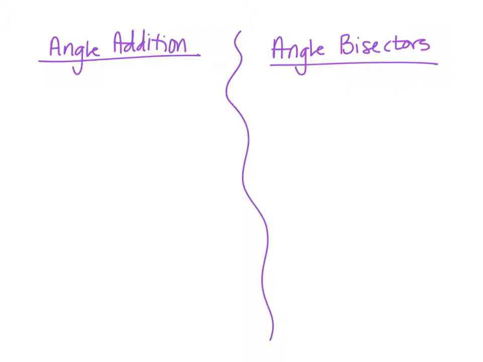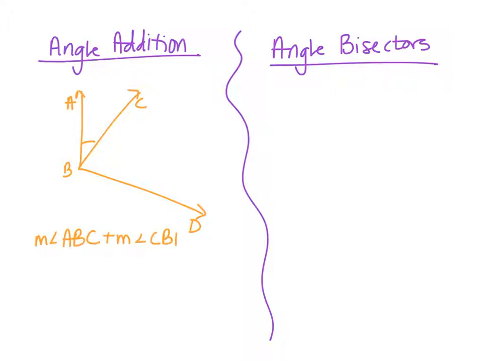If I take two smaller angles, we can name this whatever we want to, A, B, C. So that's one small angle, and then I'll add another small angle in here. I'll make it bigger. All right, ABC and CBD. So I've got two small angles here, and when I add them together, they're going to create the larger angle. So these two small angles, that's the measure of angle ABC, notice I'm talking about this angle right here, plus the measure of angle CBD.